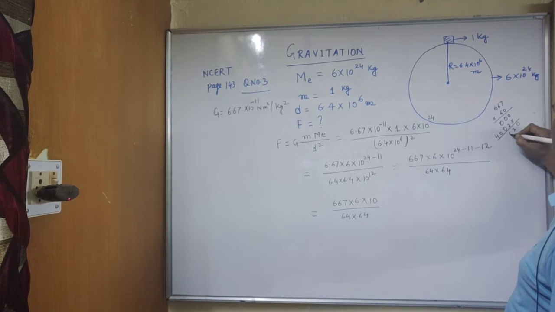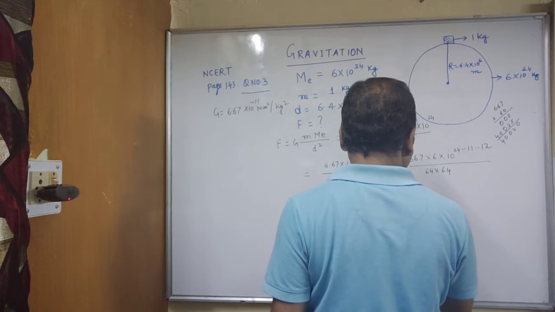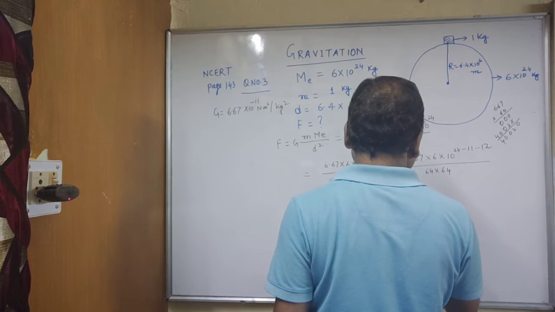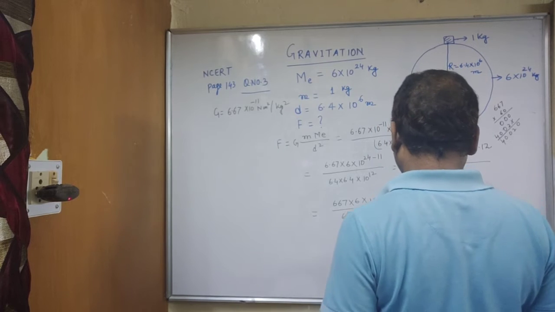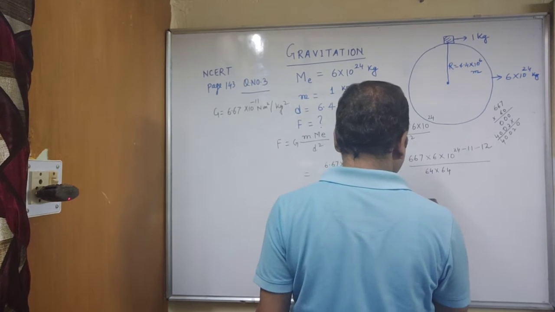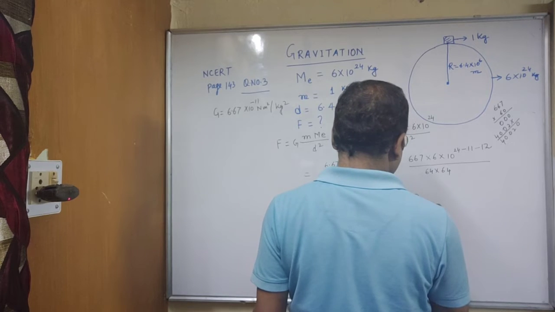So 2004. So in numerator you will get 40020, and in denominator you will get 64 into 64.